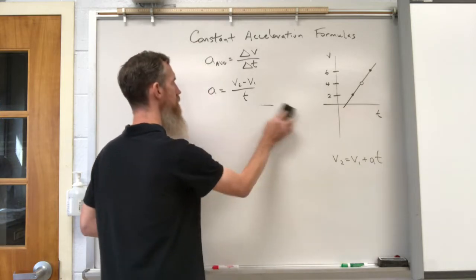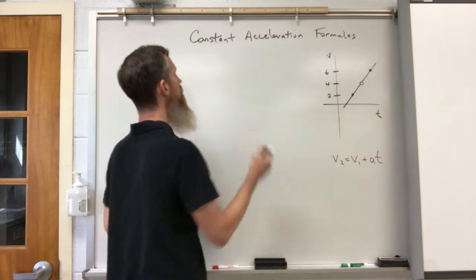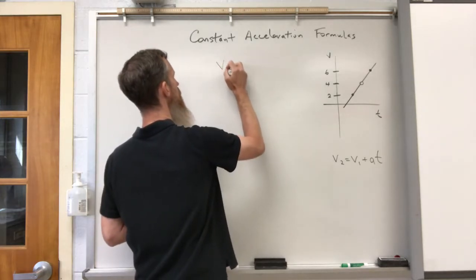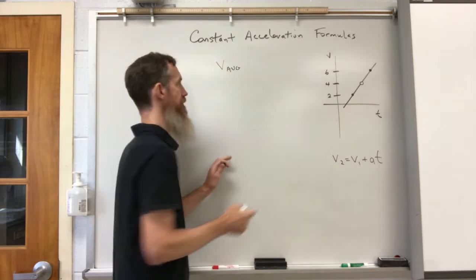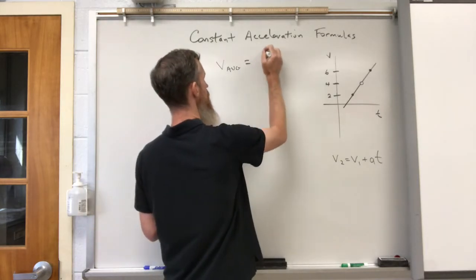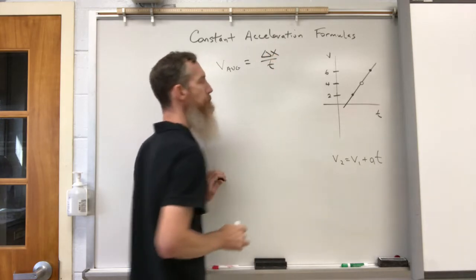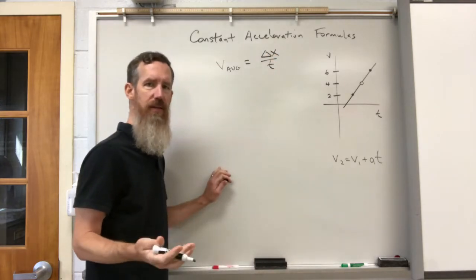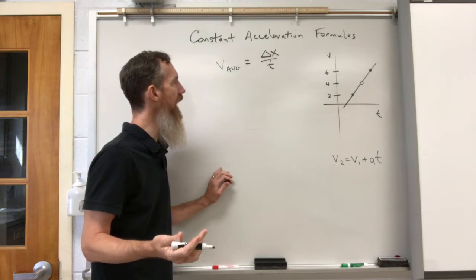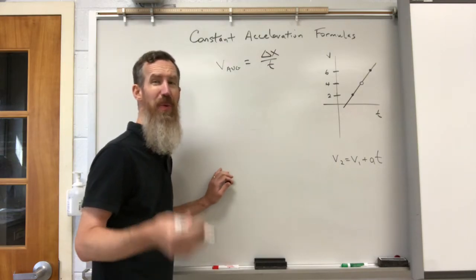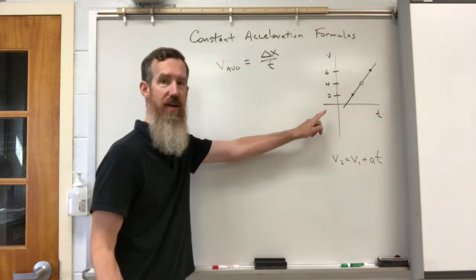So I want to show you another formula. Average velocity is delta x over t. But what's wild is the following. When we have an average velocity, when acceleration is constant, I have a little graph kind of showing us this.